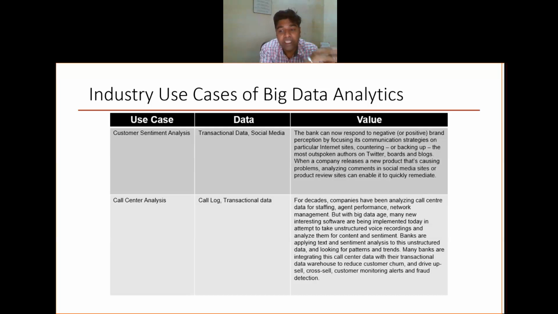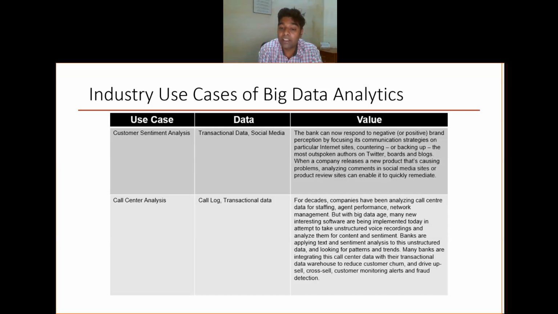But with big data, many new interesting software tools are being implemented today in an attempt to take unstructured voice recordings and analyze them for content and sentiment. Earlier, companies analyzed call center data for staffing, agent performance and network management, but now in the 21st century there is a lot of data, and many new software tools are available to manage unstructured data like voice recordings and analyze them for content and sentiment.